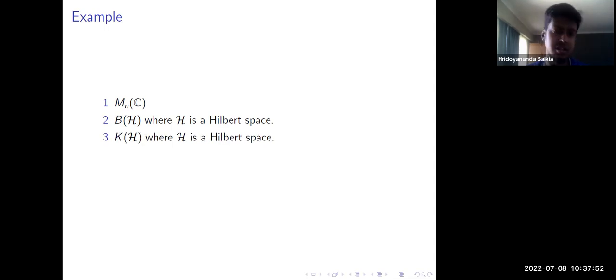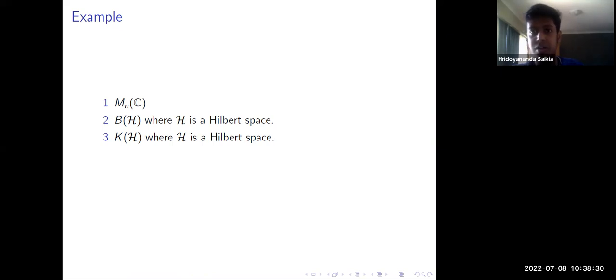Then let us discuss a non-trivial one, the set of all compact operators on a Hilbert space H. Now, a C-star algebra comes with a multiplication, so we can ask whether there exists a multiplicative identity or not. The answer is that it is not necessary.